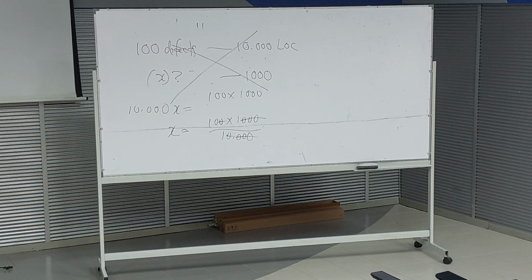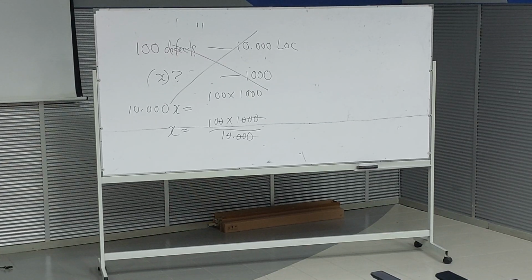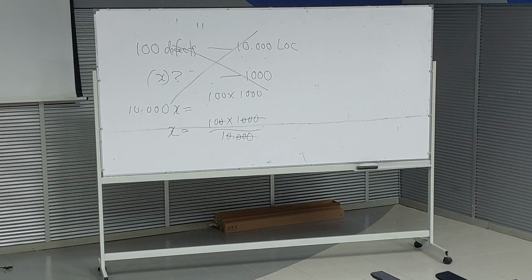If defects per 1,000 lines of code is increasing over time, this indicates software quality is decreasing. So 2021 project A, 2022 project B, project C. A has 10 defects, B 20, C 25. So defects are increasing.